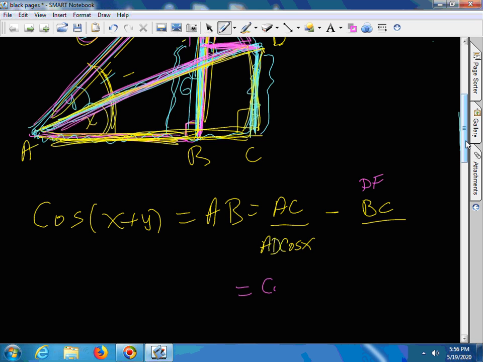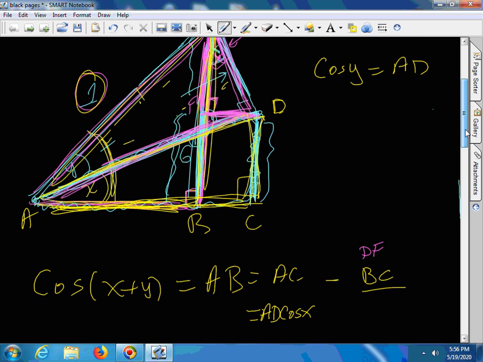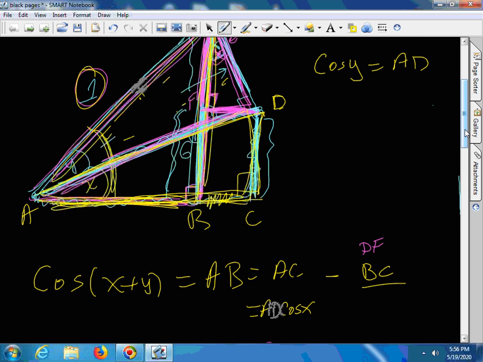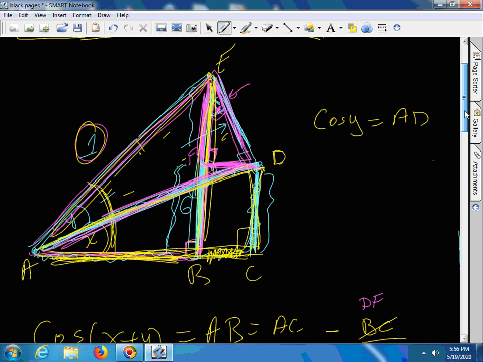So we have cosine y, cosine x minus. Now, BC, this length right here, is not part of any right triangle. That is why here I'm going to use DF.